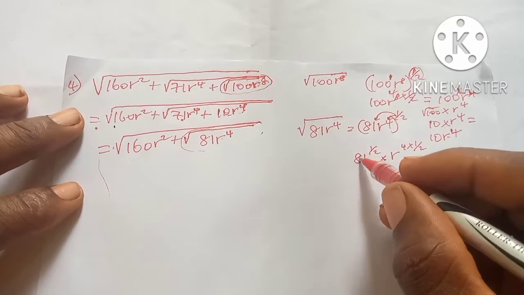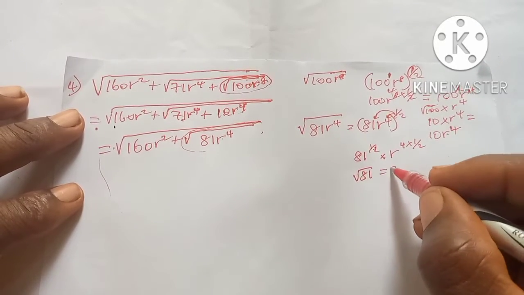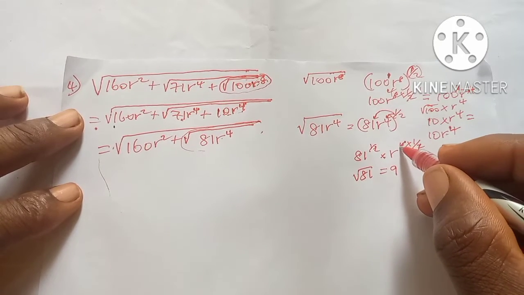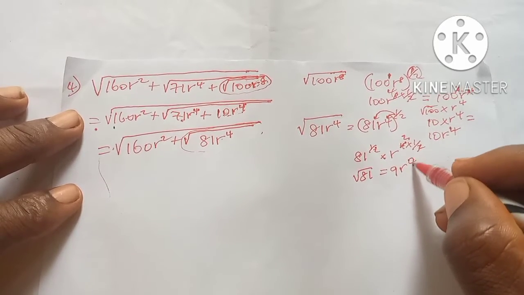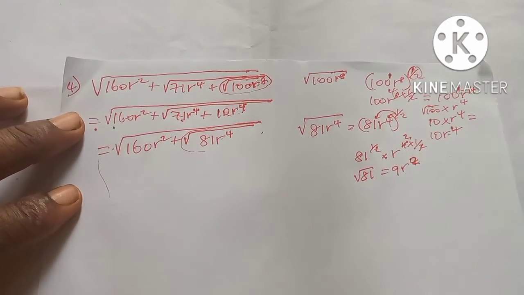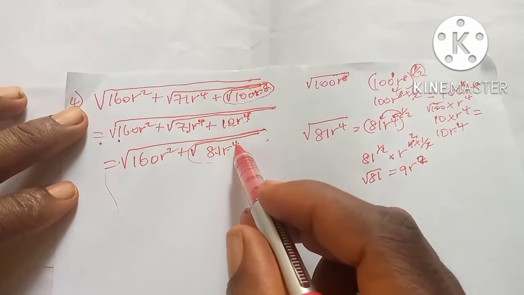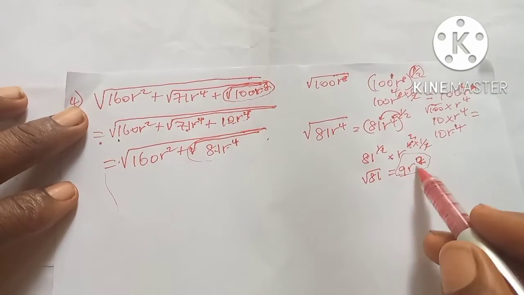So 81 to the power half is the same thing as root 81, which is equal to 9. And then 4 divided by 2 will give us 2. So we have 9 r to the power 2. So we're going to replace 81 r to the power 4, that is all in square root, with 9 r to the power 2.